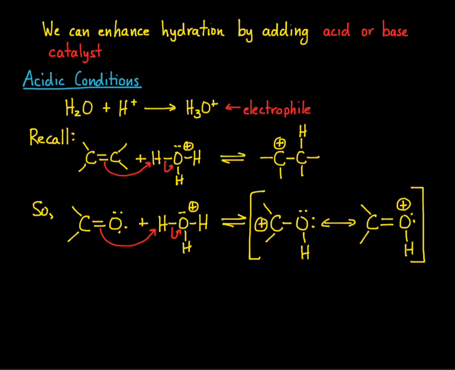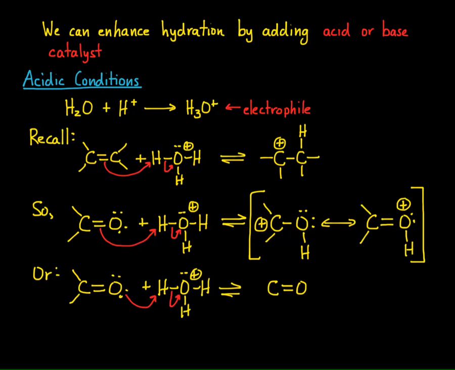Now, I could draw this mechanism one of two ways. I've shown where the pi bond of the carbonyl grabs a proton, but I could also show, instead of the pi bond, one of the pairs of electrons on oxygen grabbing a proton. And when I do that, notice what happens.